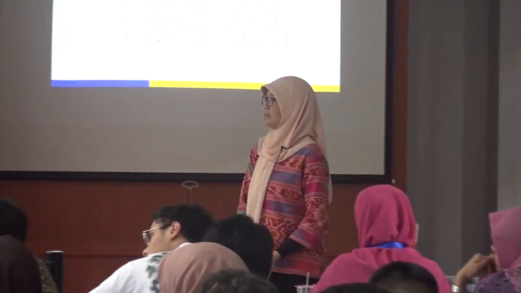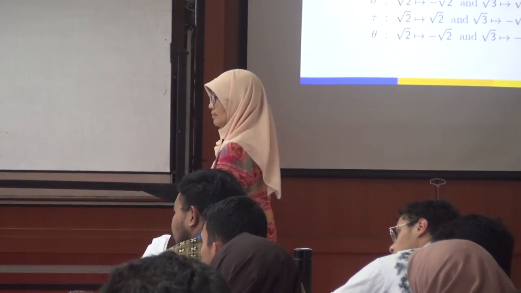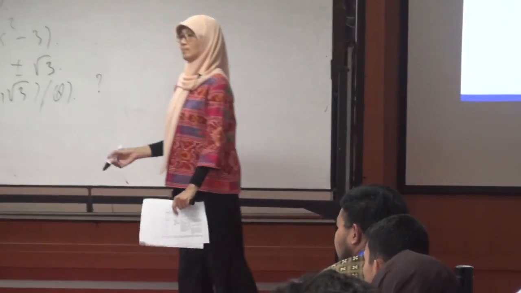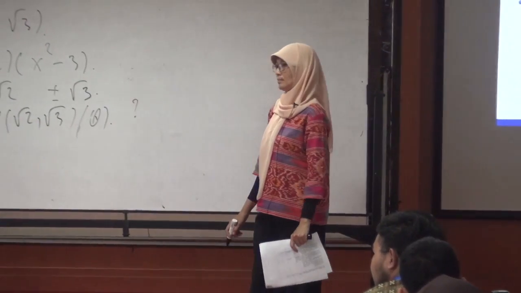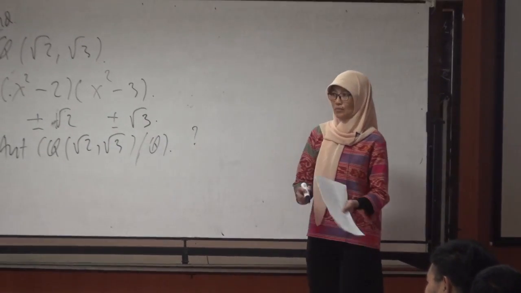Can you apply the criterion not to the whole polynomial, but only to the factor? You apply it to x squared minus 2. The criterion says roots should go to roots, but you apply this to the quadratic factor and not to the whole polynomial. Okay, thank you.